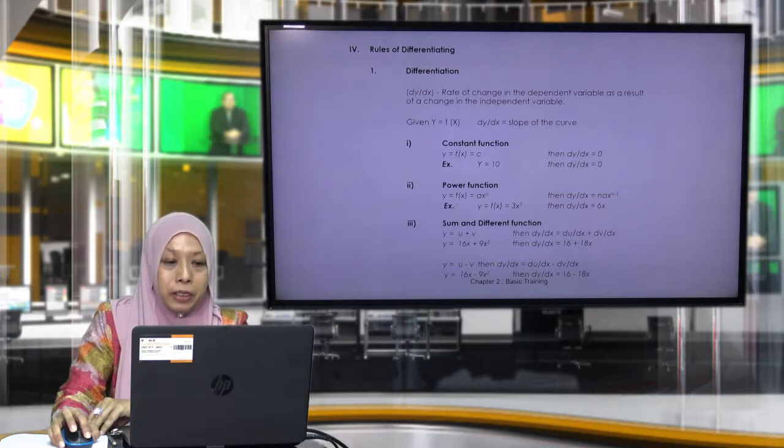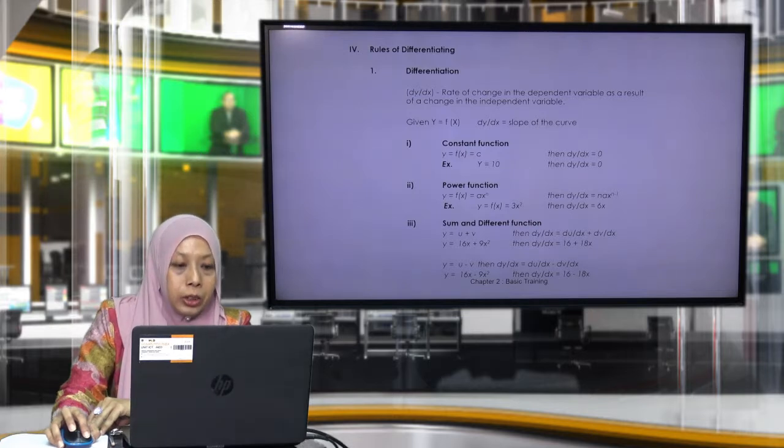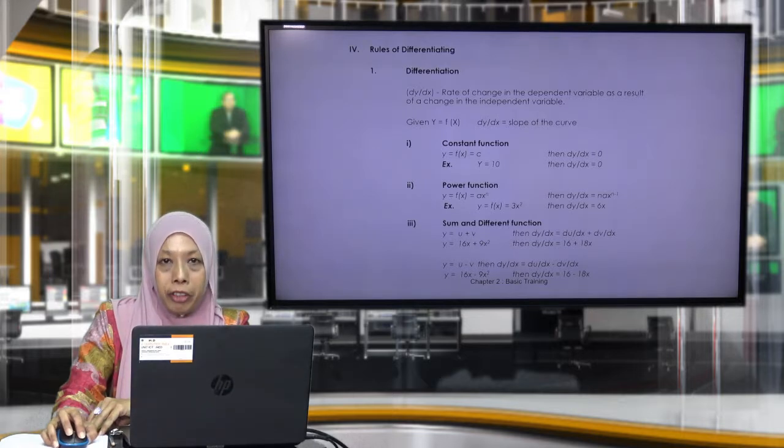It's very simple. Okay, let's move on to the power function rule. The power function rule shows you how to differentiate a function with an exponent. Let's say the general format of your function is y equals ax^n, where a is a number, x is your independent variable, and n is the exponent.